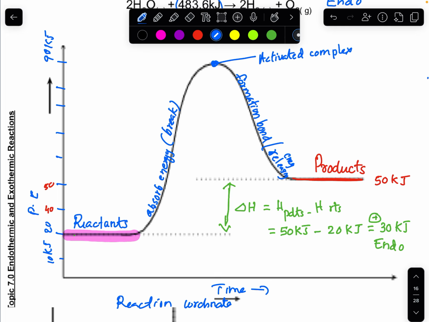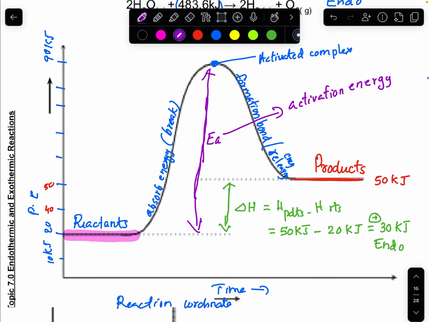Then activation energy is the difference in energy between the reactant and the activated complex. You can write Eac or Ea. That is called activation energy. Activation energy decides how a reaction will take place, slower or faster.